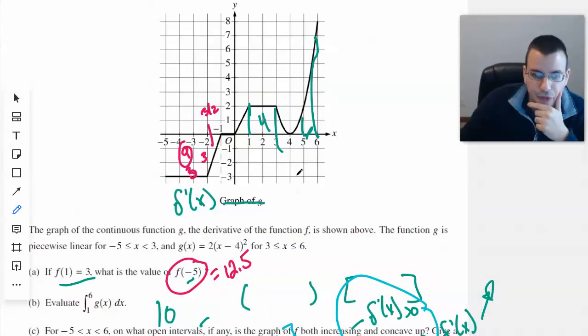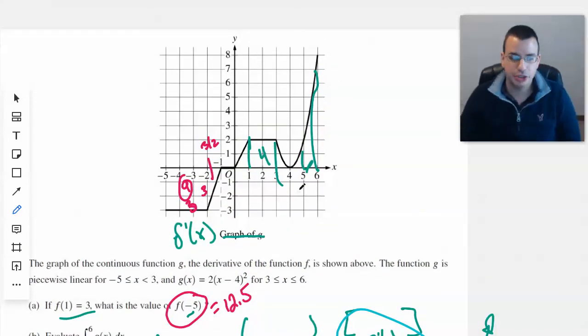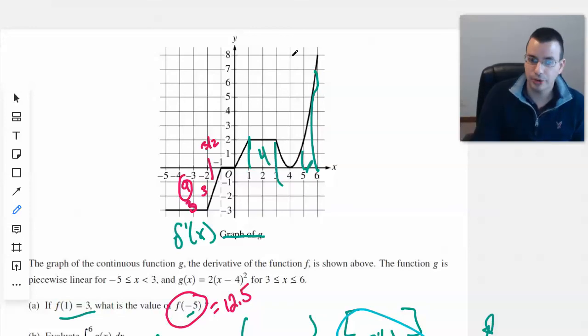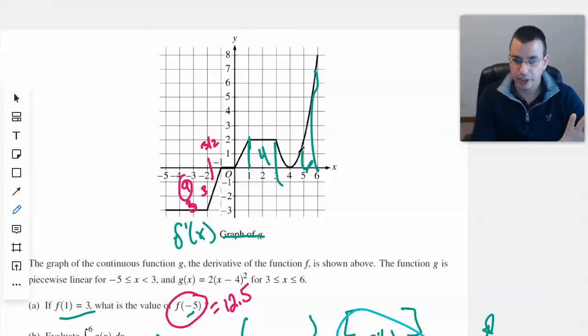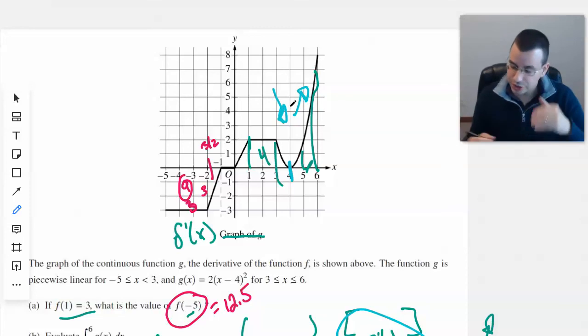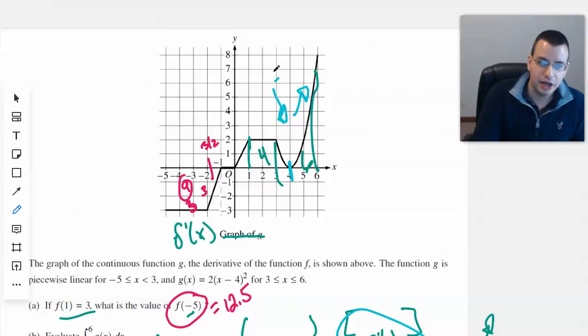So to do this, we want to look at f prime prime of x, which is g prime of x, which is basically looking at the slope of the current graph they show us right here. So here we go from decreasing to increasing. And when it goes from decreasing to increasing, you're going to have a change. This is going to be g prime of x less than 0 on this side, and on the other side you're going to have g prime of x greater than 0.